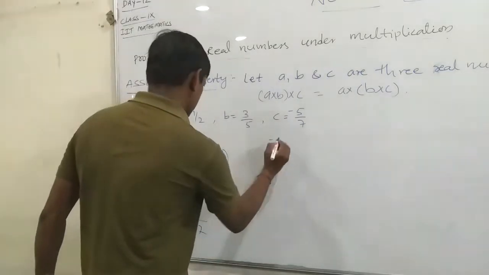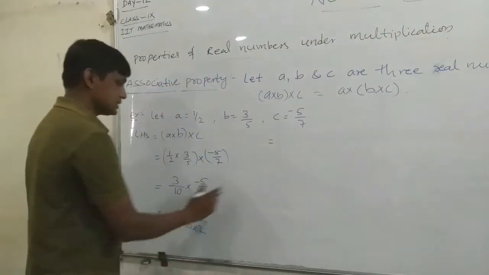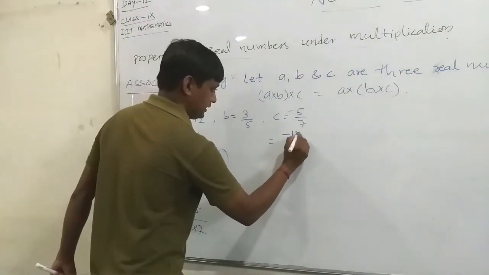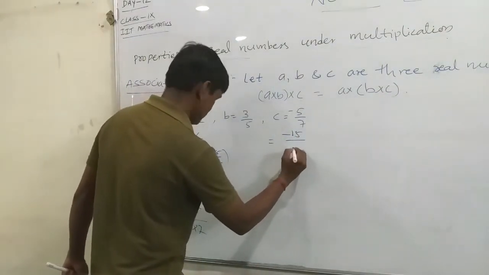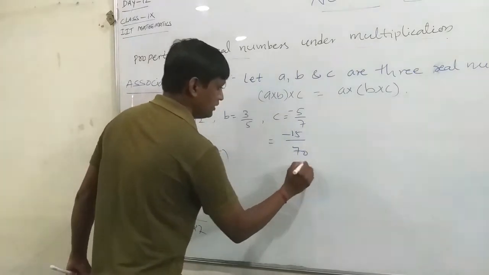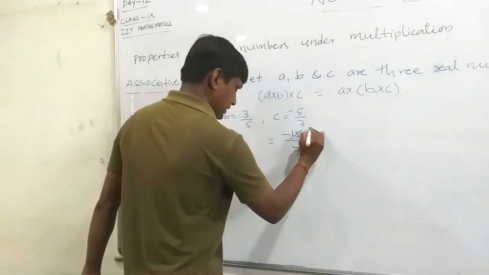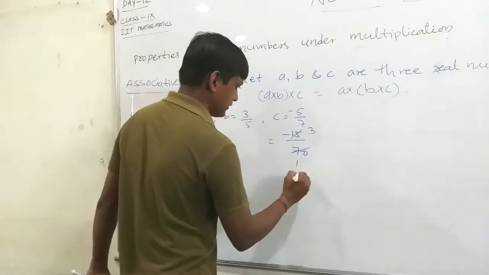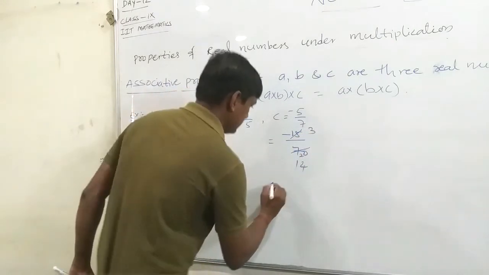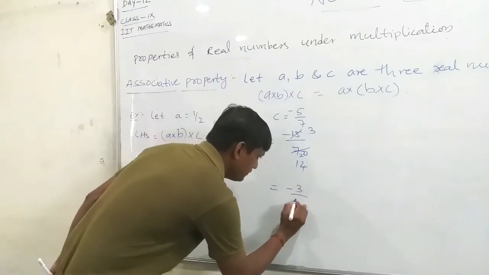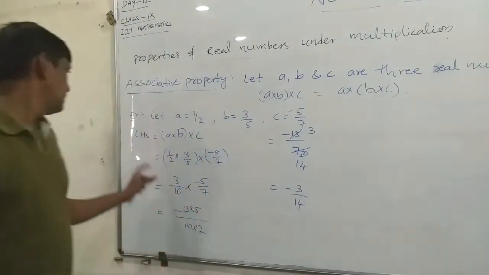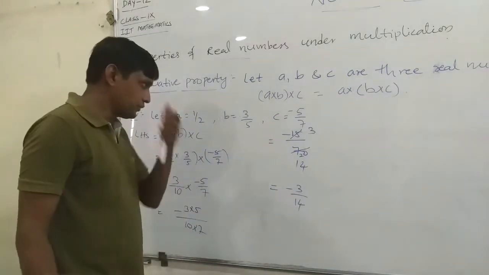Now that's equal to minus 15 by 70. So here I am simplifying. 5 threes are 15, 5 fourteens are 70. That value is minus 3 by 14. LHS value is minus 3 by 14.